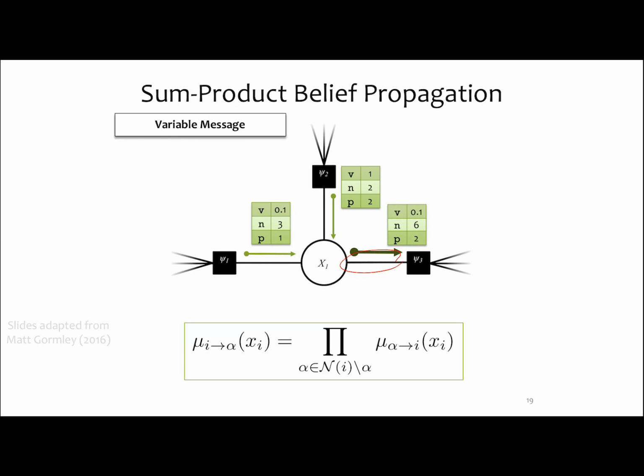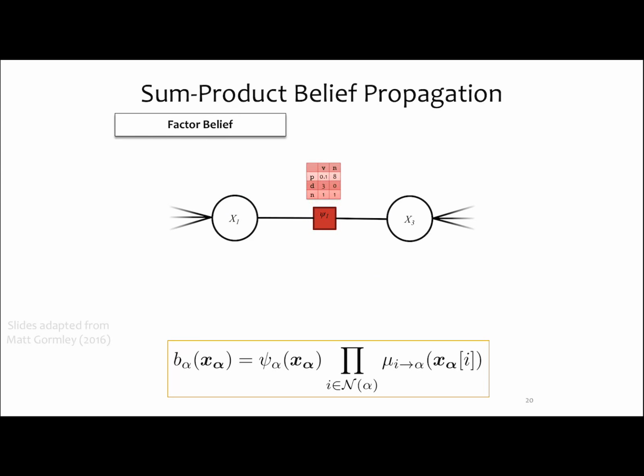Similarly for factors, the factor belief is slightly different than the node belief, because for the node you receive all of the messages and there is nothing done at the node level, but the factor has a function to apply on all of the messages.